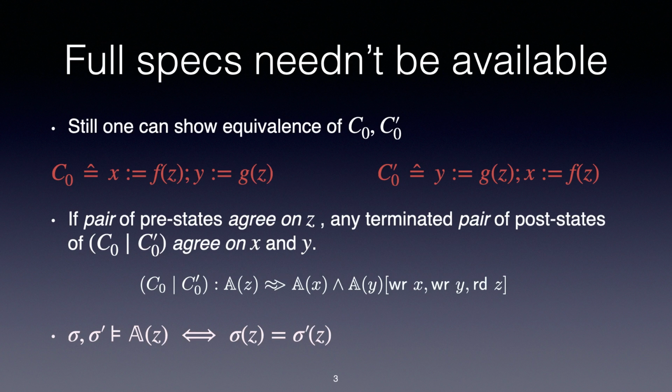But in general, although this is a simple example, the full specs needn't be available, and yet one can show equivalence of C0 and C0 dash by reasoning in a relational manner.